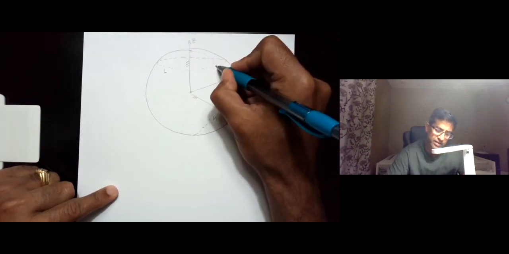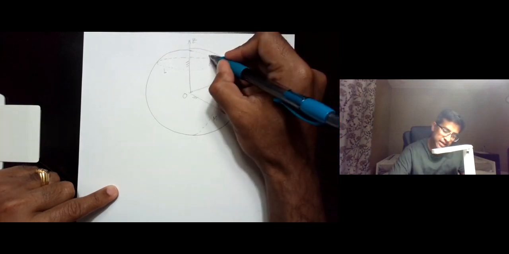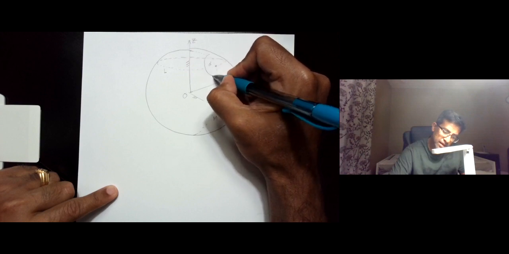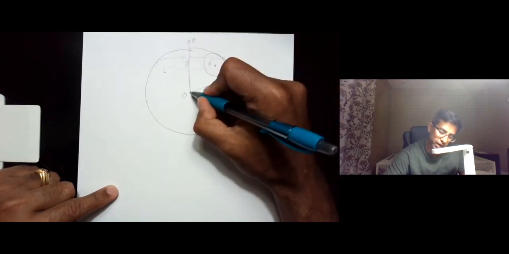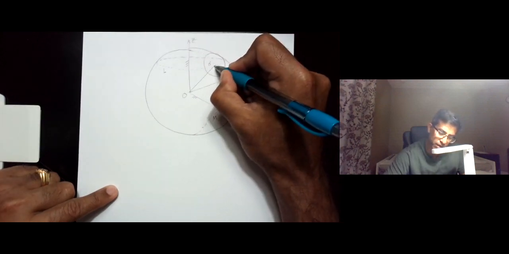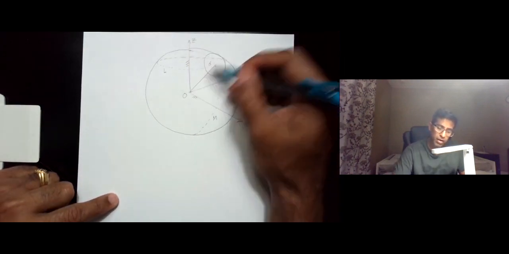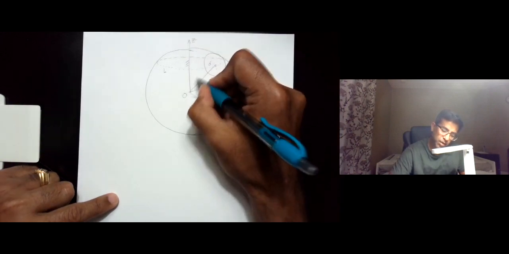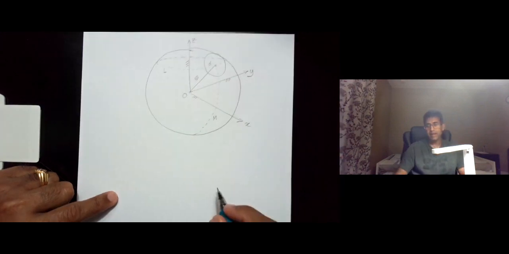The origin is O, and this intersection point I'll call O prime, and there is a disk with its center at O prime, and it is attached to a bar. Okay, so the disk is attached to the end of this bar OO prime. The bar OO prime, and hence the sphere, is of radius capital R.